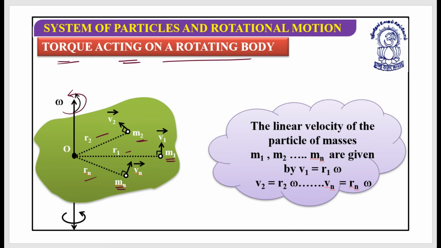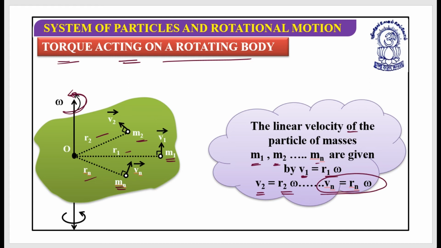This is moving in the anti-clockwise direction, and the linear velocities of the particles of each mass m1, m2, m3 up to mn could be written as v1 equals r1 omega, v2 equals r2 omega and so on.